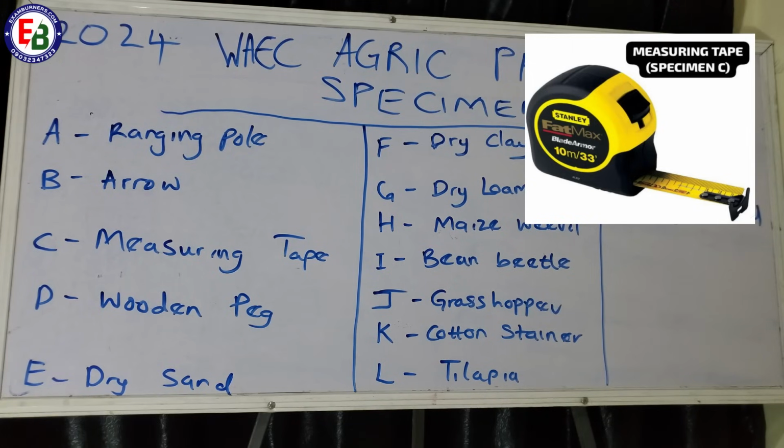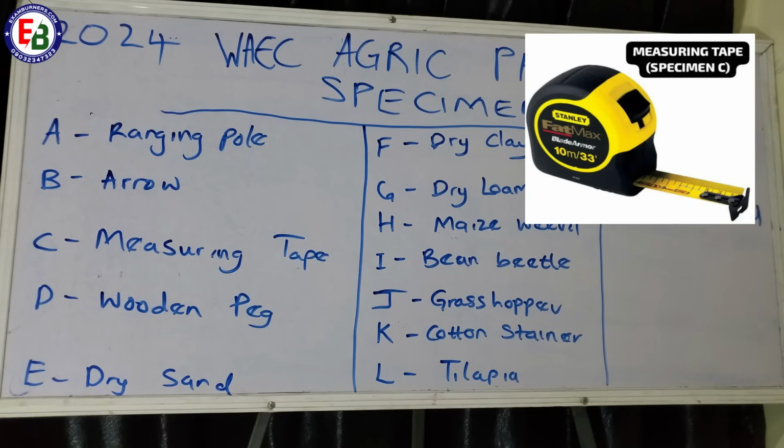I'm going to move on to another question that they can ask under specimen C: maintenance practices of specimen C. I already told you that most of these tools have the same maintenance practices. Number one maintenance practice of measuring tape is to store in a dry, cool place. Another maintenance practice is you should clean the instrument after use.